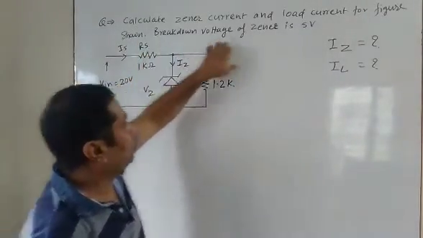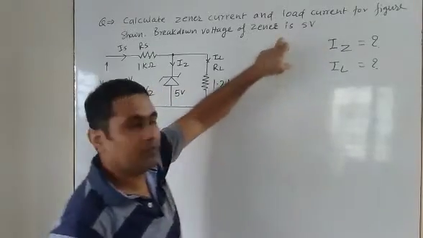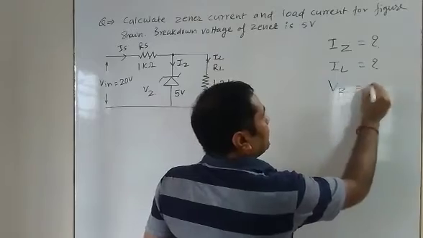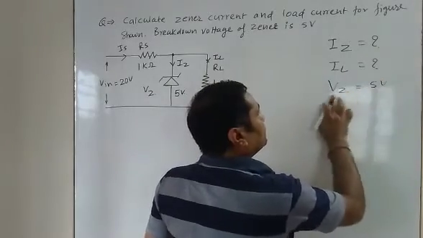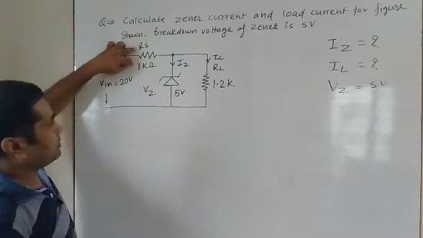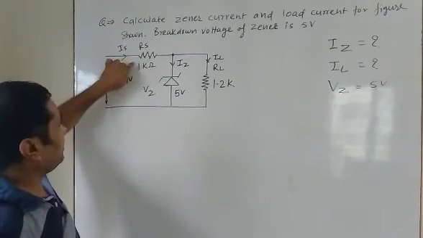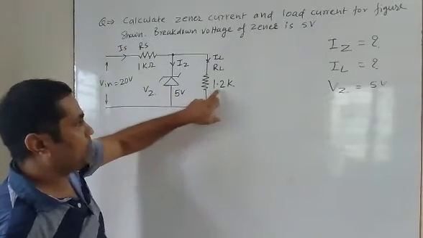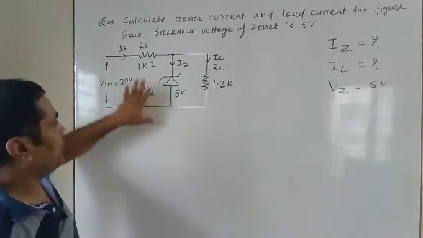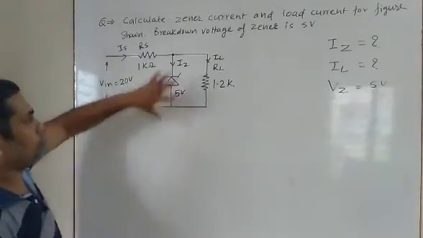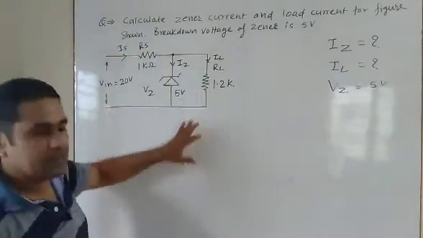The breakdown voltage for the Zener diode is given to be 5 volt, that means the Zener voltage is 5 volt. The series or current limiting resistance Rs is 1 kilo ohm. The load resistance is 1.2 kilo ohms. Input voltage is given to be 20 volt. So this is the data given in this problem.